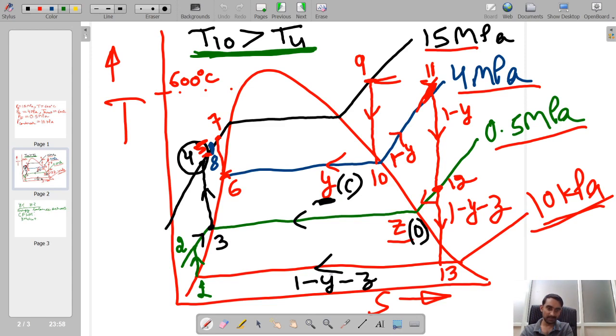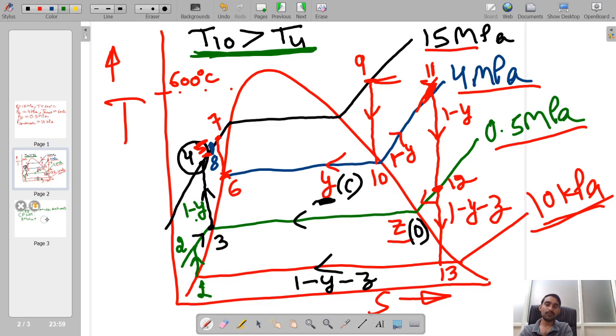So this will be adding to that, and at point 3 our mass will be nothing but equal to 1 minus Y. Over here the mass is nothing but 1 minus Y, because this Z is coming from here, so it will be adding to this mass, and ultimately we will be getting 1 minus Y. It means 1 minus Y times of M9 is the mass coming at point number 4.